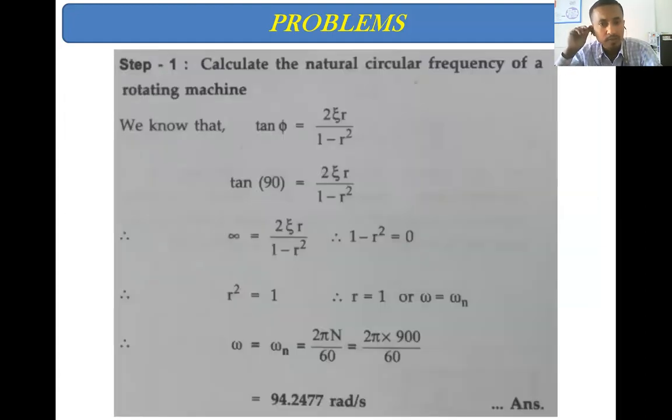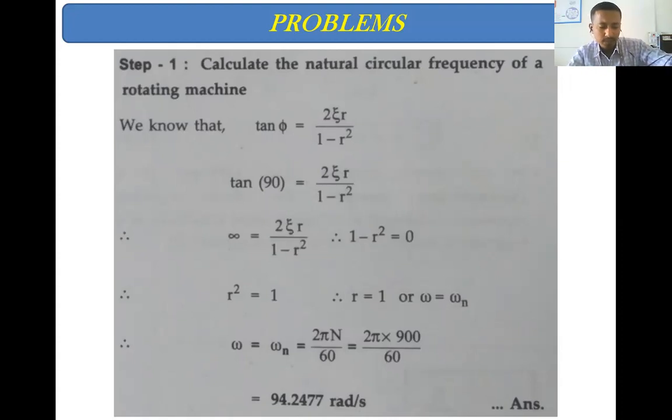So let us go step by step, one by one. First we need to find the natural frequency, that is omega n. After finding omega n, we can also find fn. We need to use formulas depending on the given data.